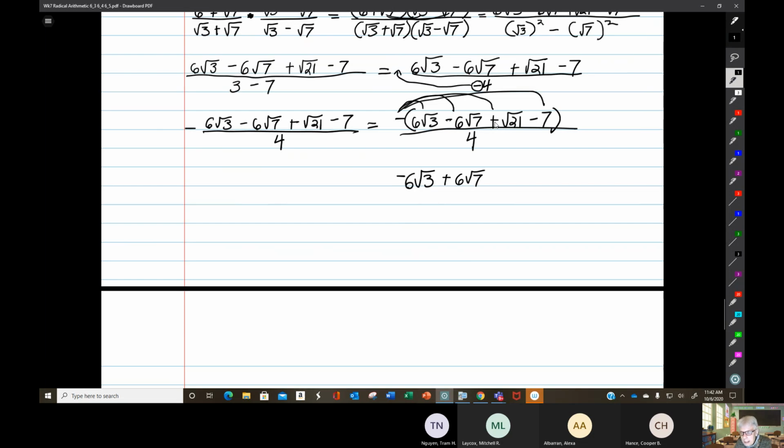Negative times positive is negative, so minus the square root of 21. Negative times negative is positive, so plus 7, all over positive 4, and that is your answer.